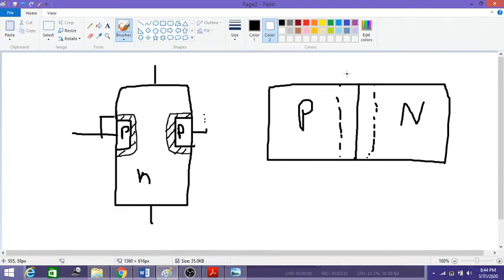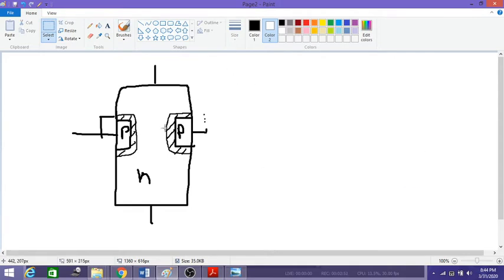This junction is nothing but the depletion region. Likewise, when we diffuse a P-type material on an N-type substrate, a layer is formed, and that layer is called the depletion region. So on either side a depletion region is formed.